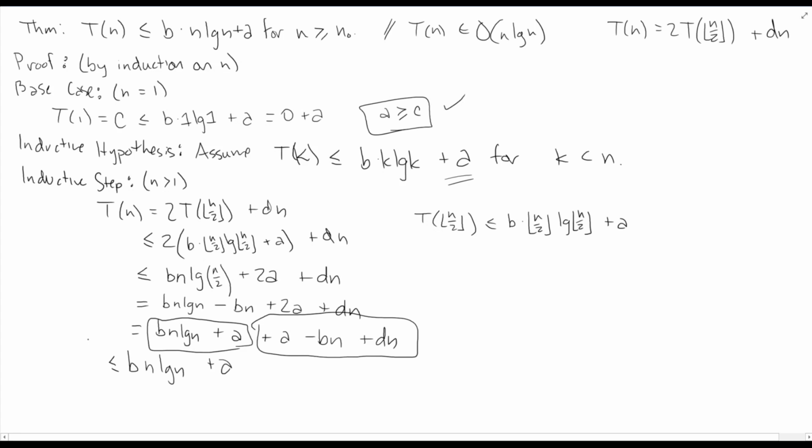Now if we want this last line, our leap of faith, to be true, then we need this extra bit here to be what? Less than or equal to 0. So we want a minus bn plus dn to be less than or equal to 0.